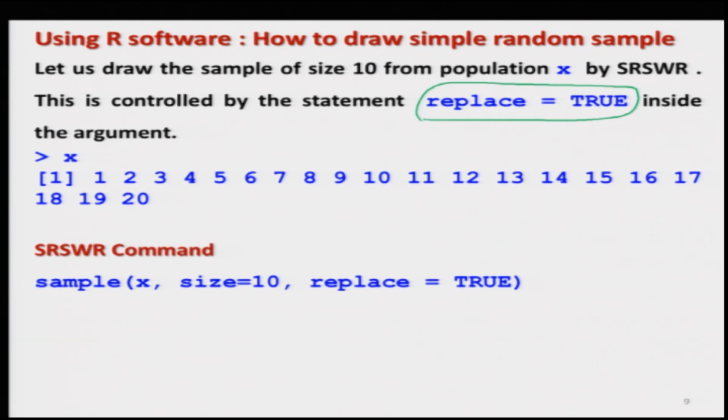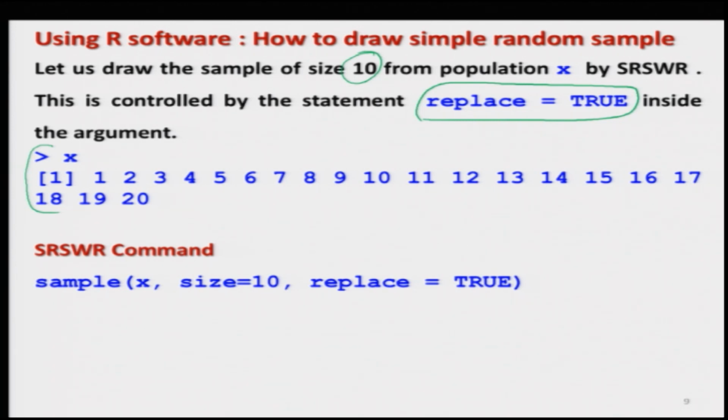So, now suppose I consider the same population where I have numbers from 1 to 20, and I try to draw a sample of size 10. Well, you can ask me why I am not taking a sample of size 5, because my objective is this: I want to show you how the values are repeated, and if I try to take such a small sample size 5, possibly I will have to take many more samples to show you that the values are repeated.